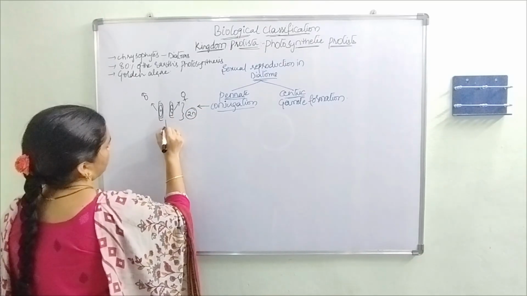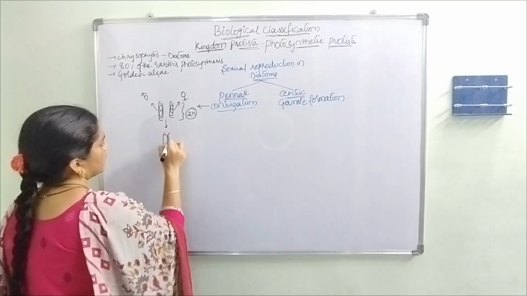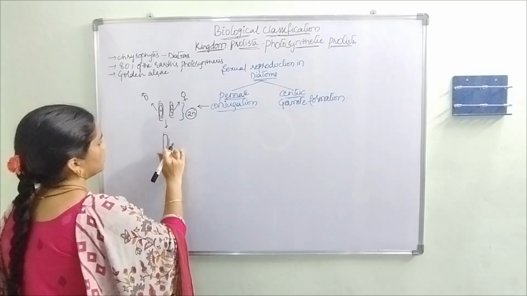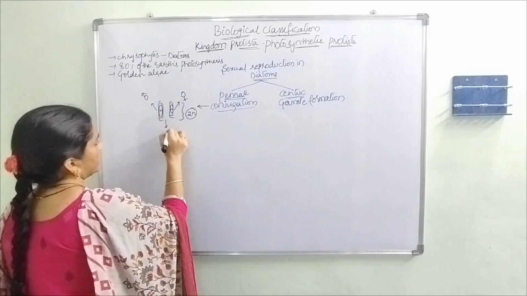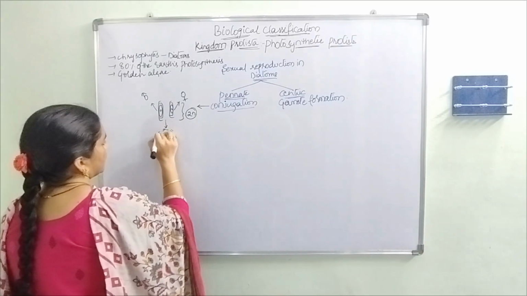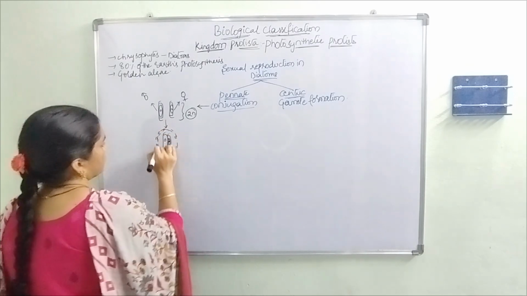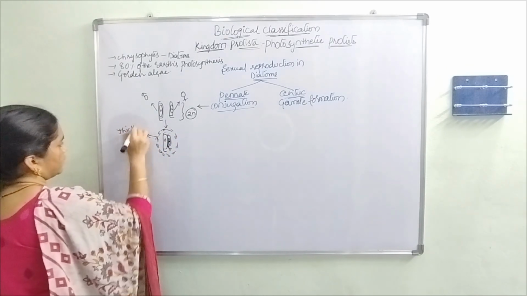Now in conjugation, both of these cells come closer to each other, and there is a thick mucilaginous cover surrounding them.